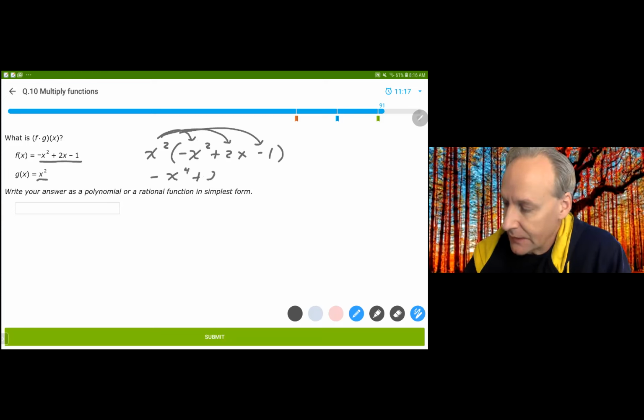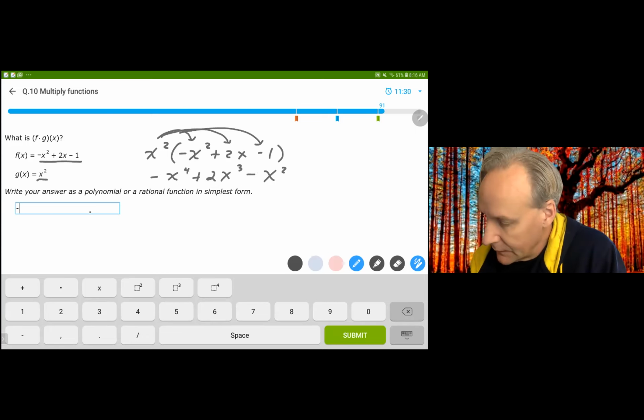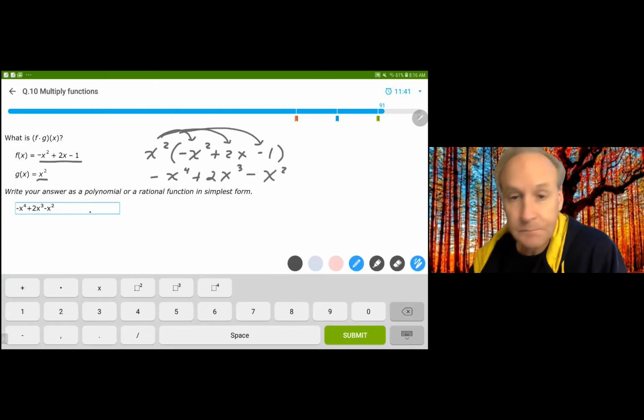Plus 2x to the 3rd minus 1x squared. And we don't usually write the 1. So we have minus x to the 4th, plus 2x to the 3rd minus x squared. Looks like that's right.